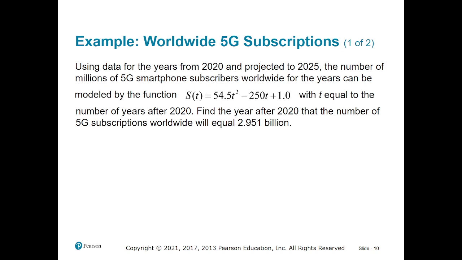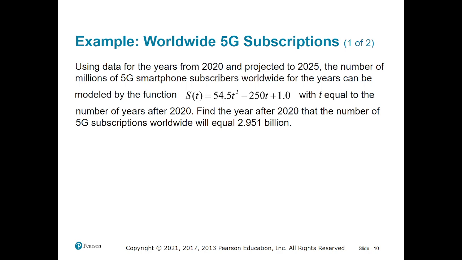So if we want to find when this number reaches 2.951 billion, we've got to change the billion into terms of millions. So I can do that by just moving the decimal place 3 units towards the right, and then I'll know that 2.951 billion is actually 2,951 million.